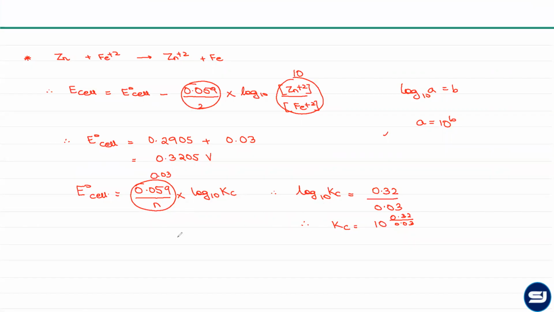Okay, in case you want to see the exponential form, this 0.059 was actually the value of 2.303 into RT by F. Remember?